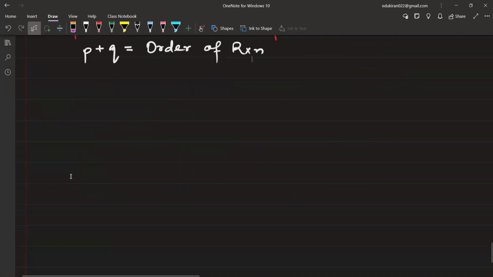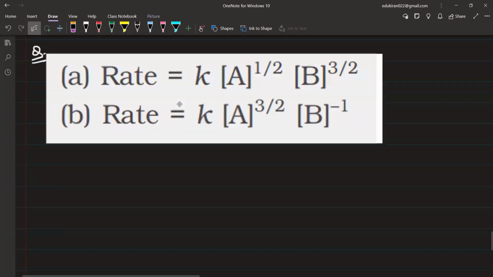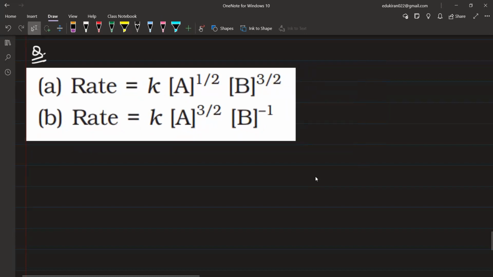Now, let us see a few questions. Simply, first you tell me, you will calculate the order of reaction. Okay, it is very easy to calculate the order of reaction. You can calculate very quickly. In these two cases, A and B, tell me what is the order in A case.